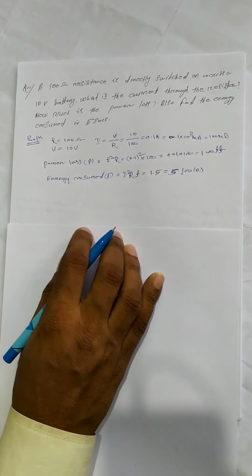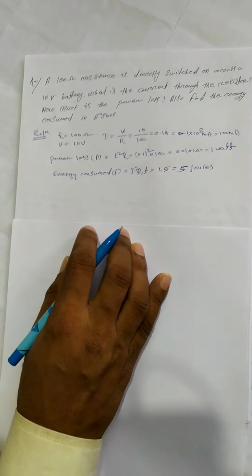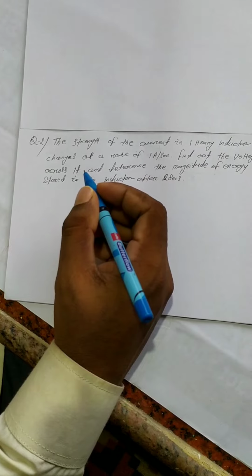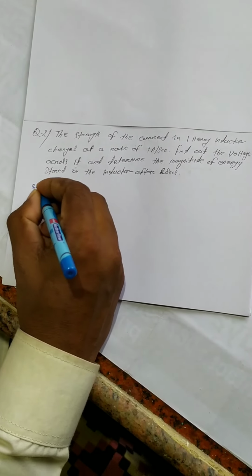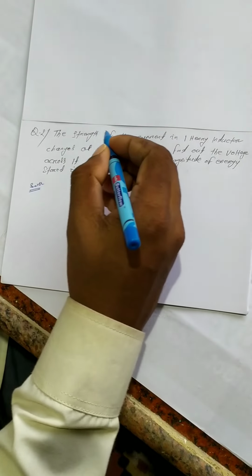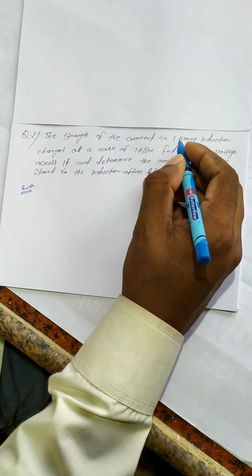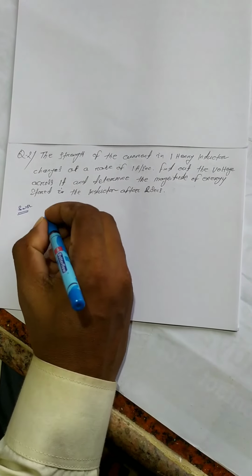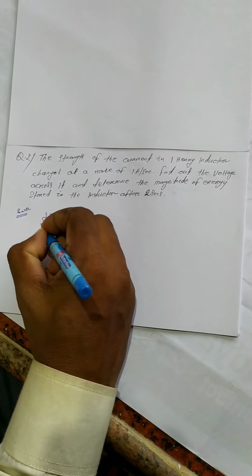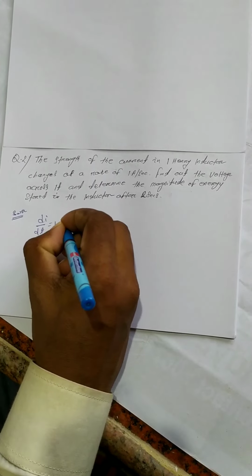Next we will see another question. Solution of this question. What does this question mean? The strength of a current in a 1 Henry inductor changes at a rate of 1 ampere per second. That means di by dt is equal to 1 ampere per second.